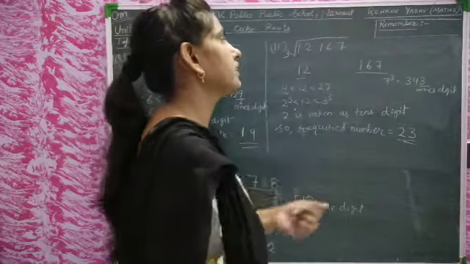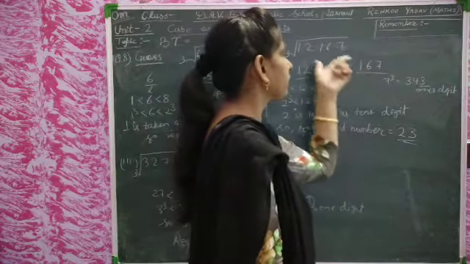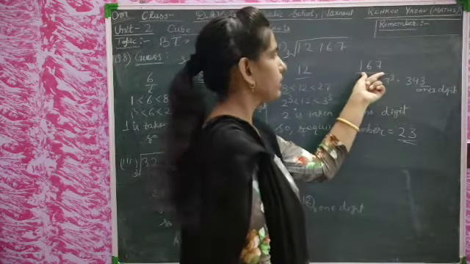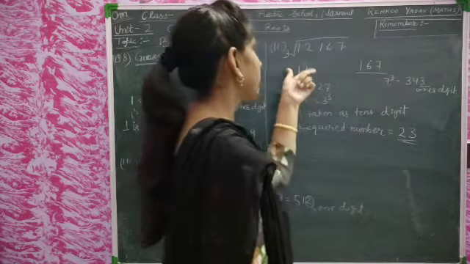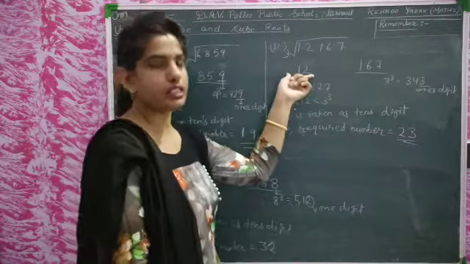Now we will take this number and make groups of 3 digits taken at a time. This is the first group, and the remaining digits make the second group. 12 is the second group.